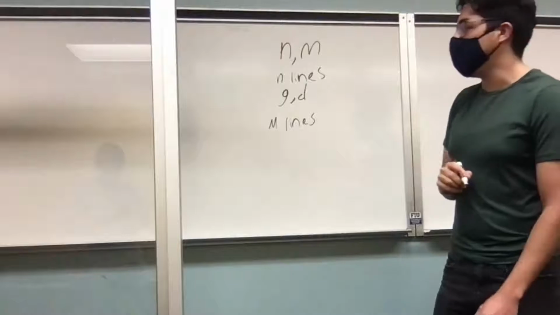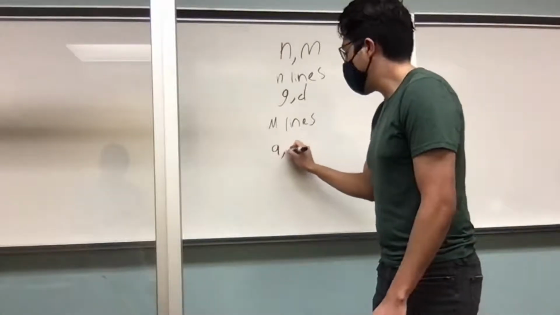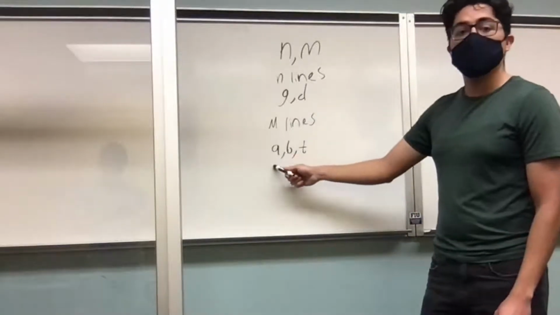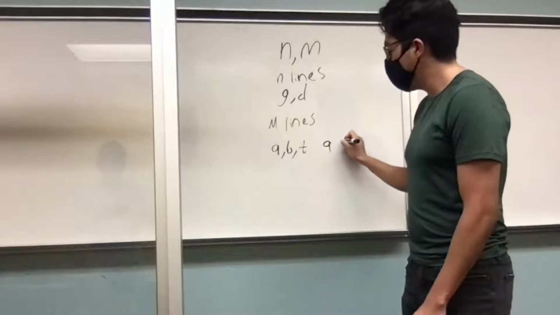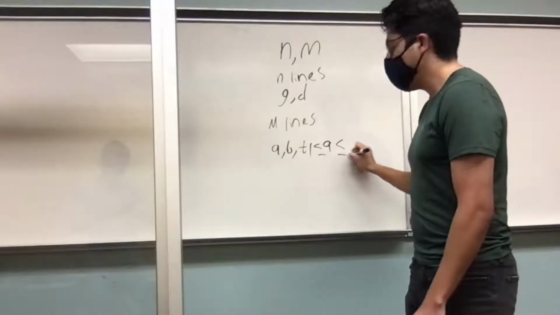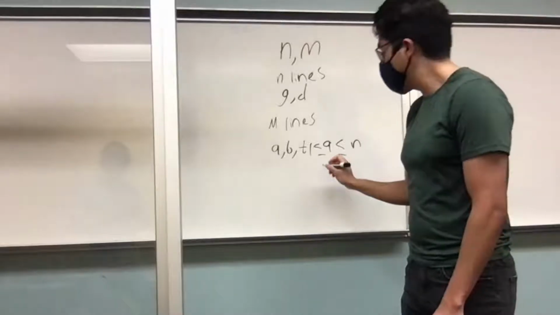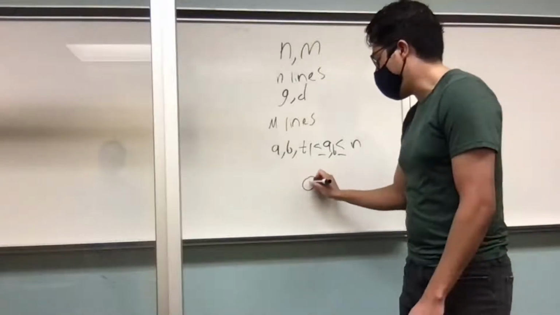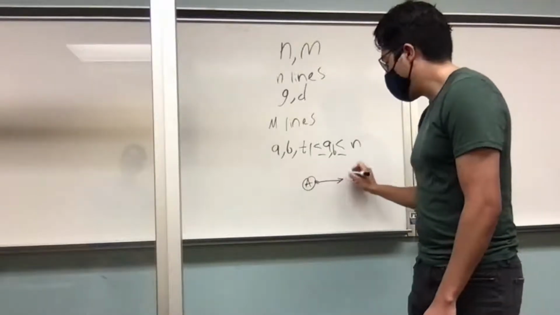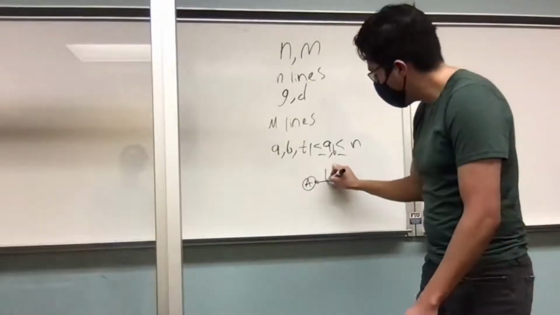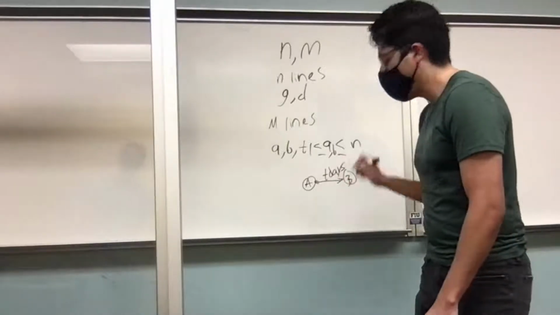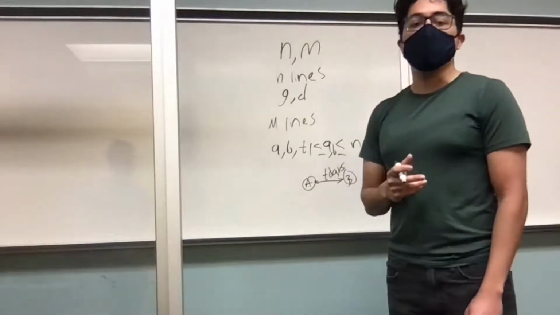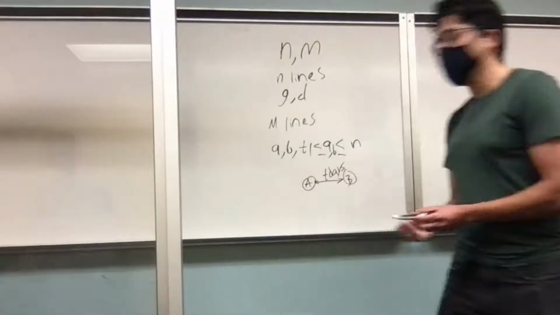And M lines, you're basically given A, B, T. A is some mine number between 1 and N, since we have N mines, same as B. And T is the number of days to go from mine A to mine B. So how can we model this as a programming problem we can solve with a computer in an efficient manner? That's the question.